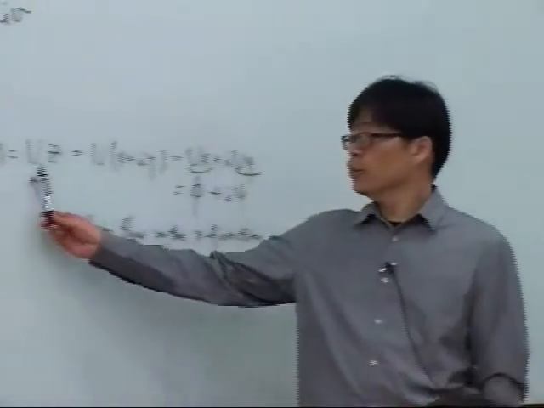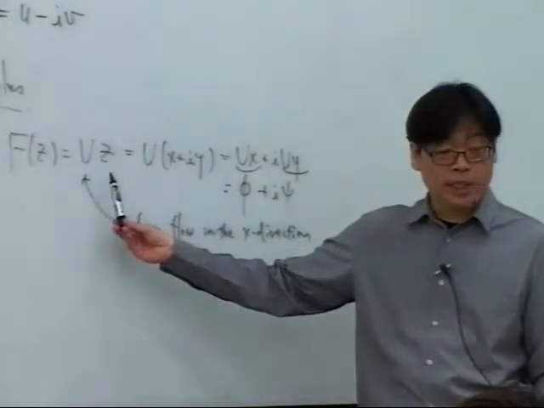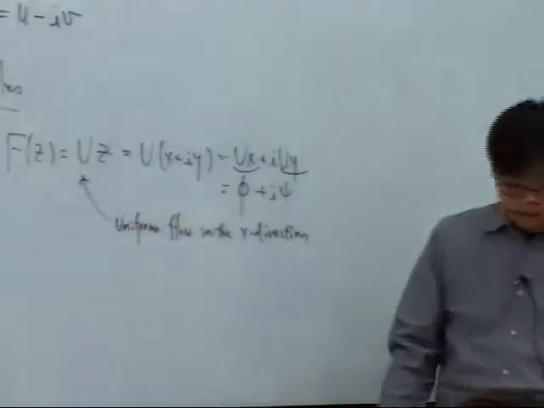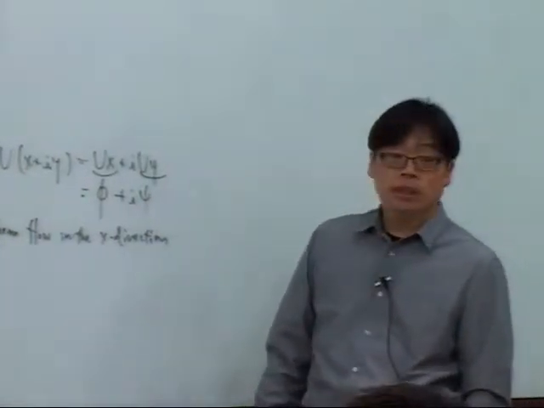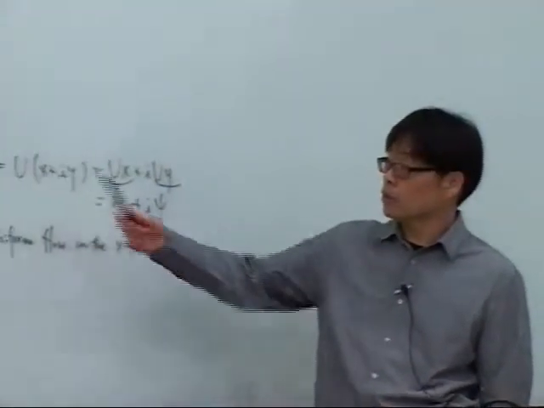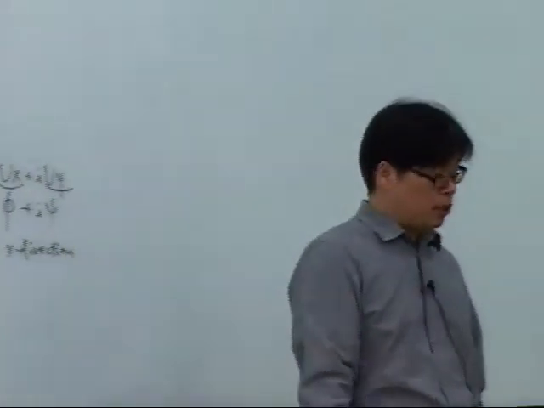So instead of Ux for velocity potential, if you write U times z, then this gives you the complex potential for the uniform stream. One of the nice things about using complex potential is you can get both velocity potential and the stream function at the same time.